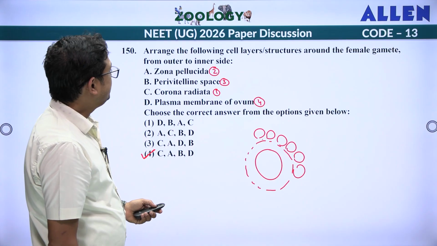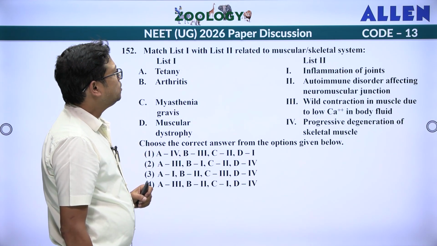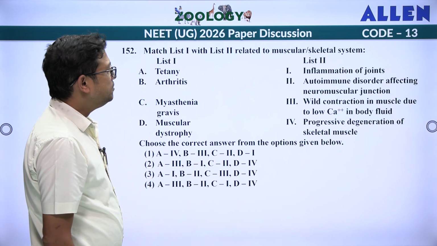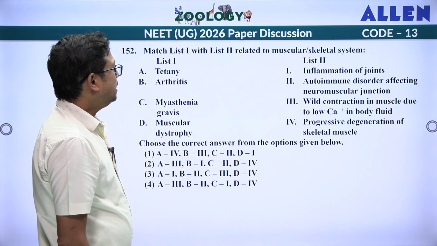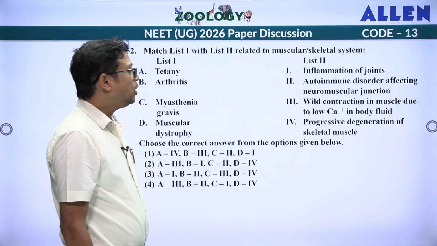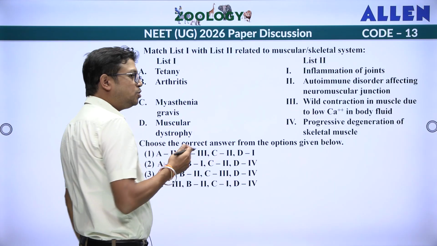Answer is 4. Next. Match list 1 with list 2 related to the muscular skeletal system. Okay. So here in list 1 they have given a list of diseases and the symptoms. So tetany. Tetany is what? A wild contraction in muscles due to low calcium in the body fluid. Arthritis. Arthros means joint.